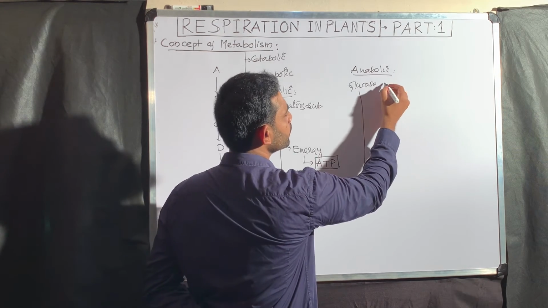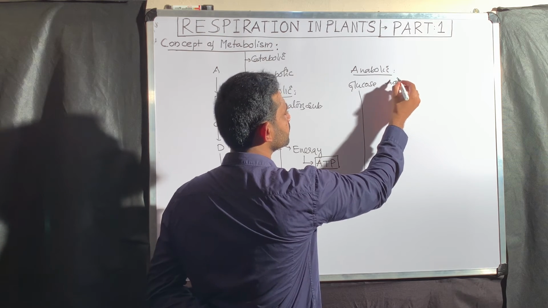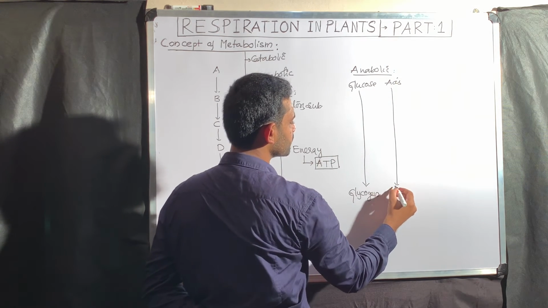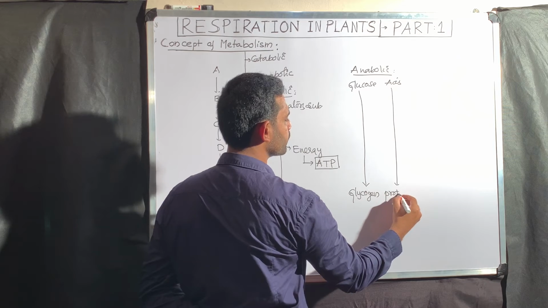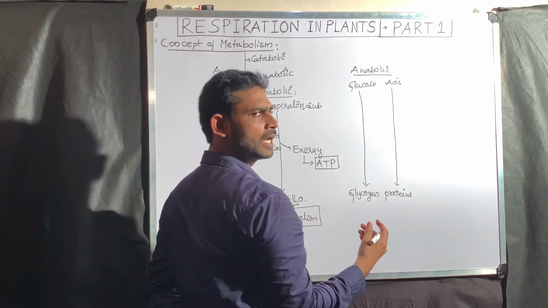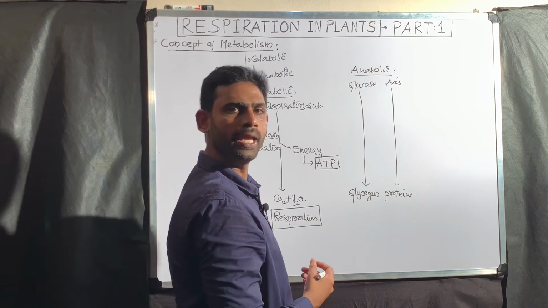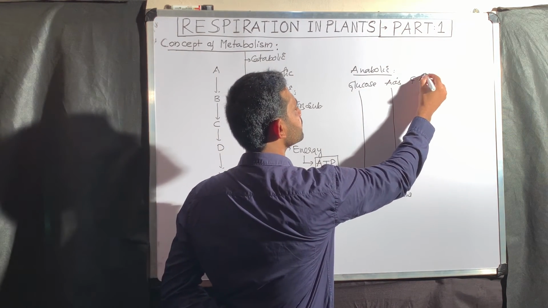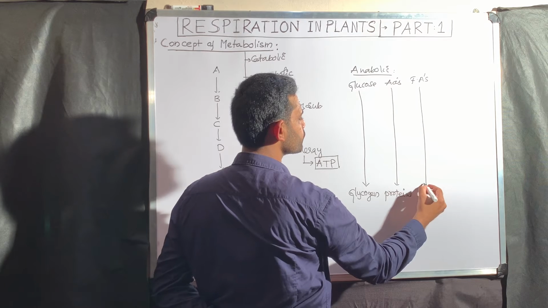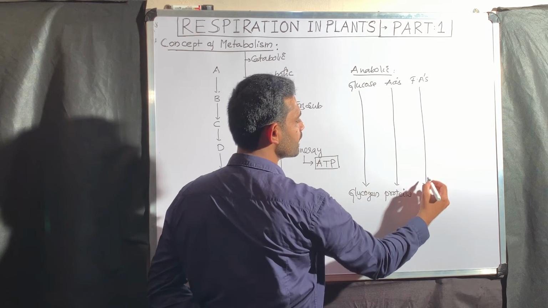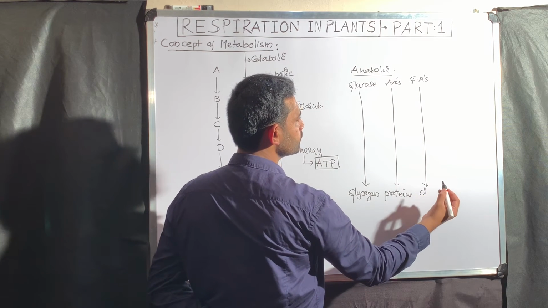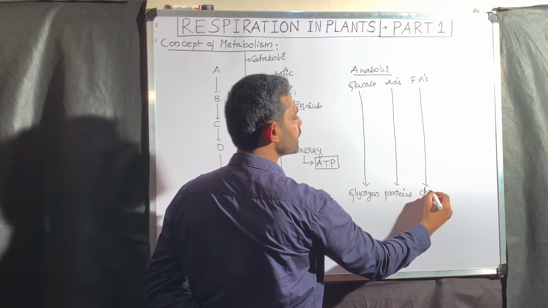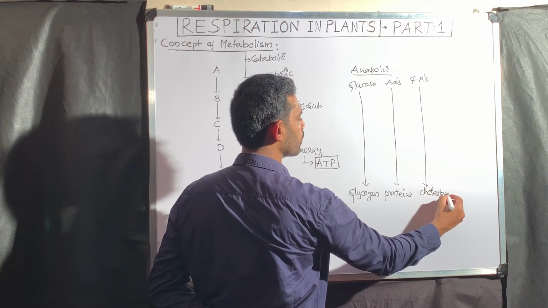Amino acids undergo polymerization, resulting in the formation of proteins, which are highly complex polymeric forms of amino acids. For example, fatty acids may be converted into cholesterol.